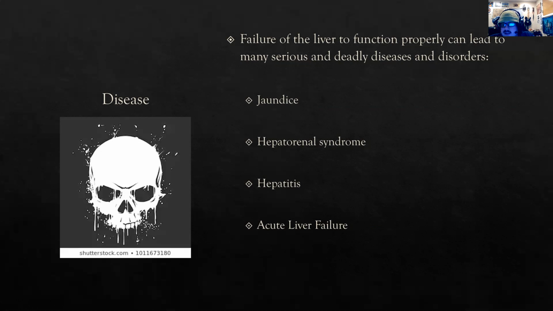So hepatitis refers to an inflammatory condition of the liver. It's usually caused by viral infections. Hepatitis A through E are all different in how they manifest. Some have an acute manifestation, which means a rapid onset. Some are more chronic, but we get shots for these.